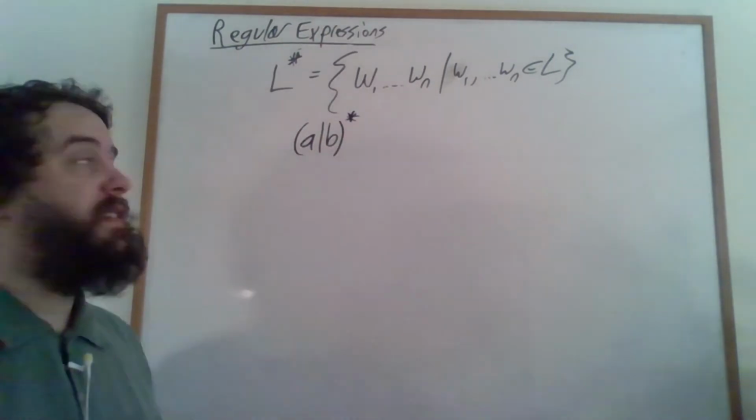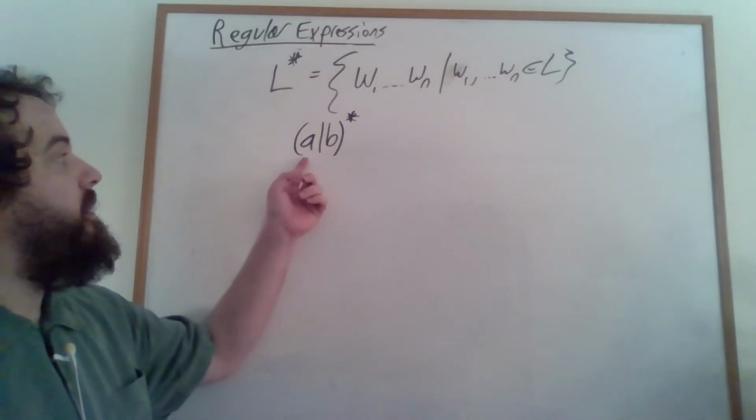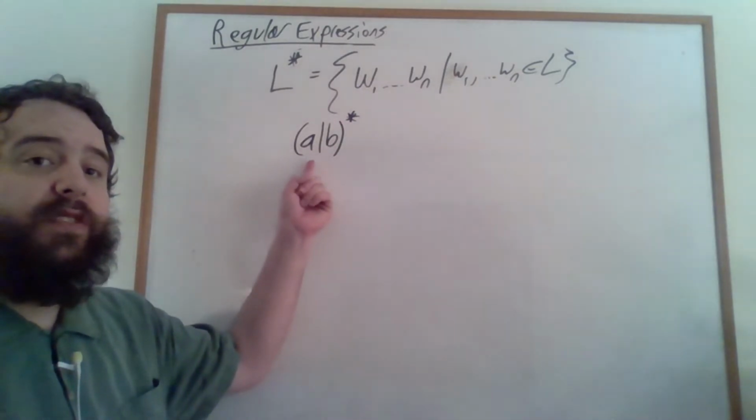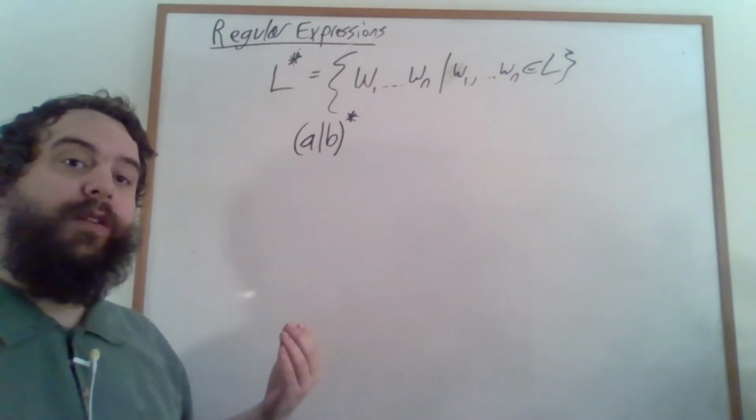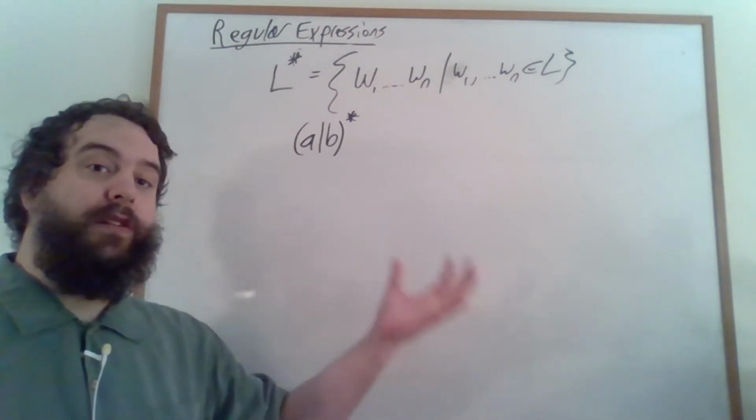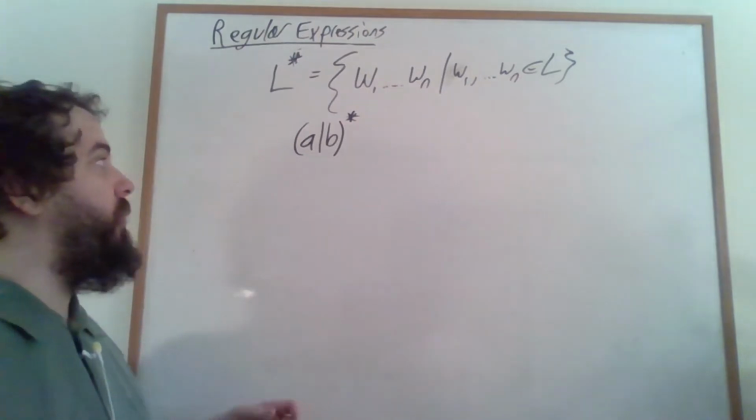that, and this is going to be the set of all concatenations of letters A and B of any length, including length 0 and including length 1, including length 2, and so on and so forth.